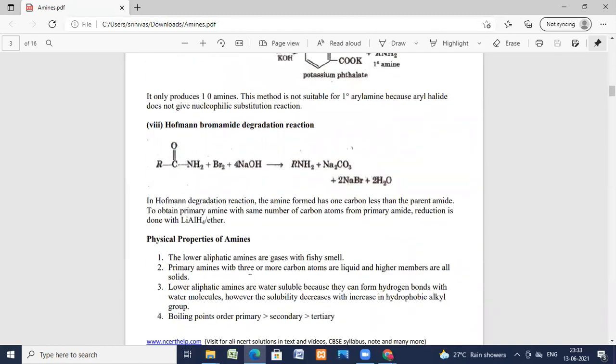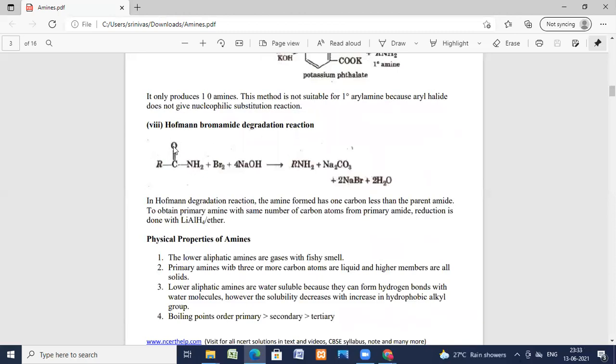Now, the next preparation is Hoffman bromamide degradation reaction. Amide on reaction with bromine in presence of sodium hydroxide gives amine.